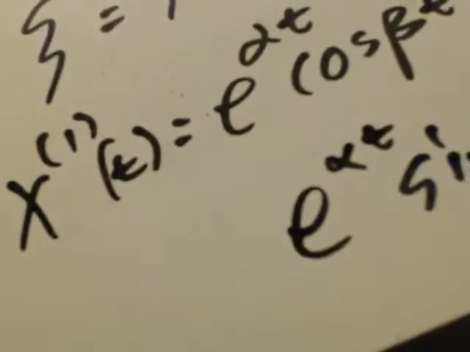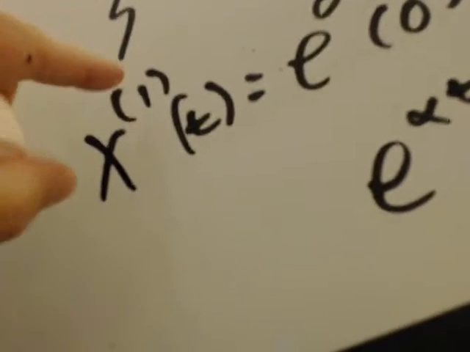We're going to get the same thing basically here. e to the alpha t times cosine beta t times vector a, minus e to the alpha t sine beta t times vector b. Well, it's not an eigenvector anymore. We're taking the eigenvector and breaking it up into real and imaginary components. Okay, so that's x1.